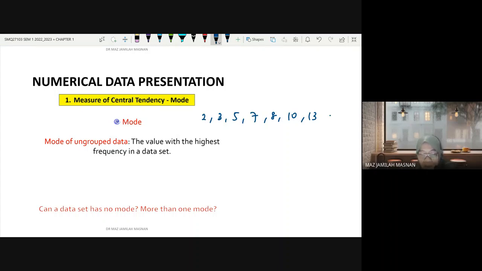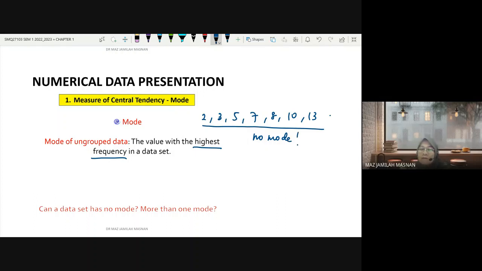See the definition: the value with the highest frequency. All the values here only appeared once, right? Each value appeared only once, not more than once, right? So here we will say no mode.